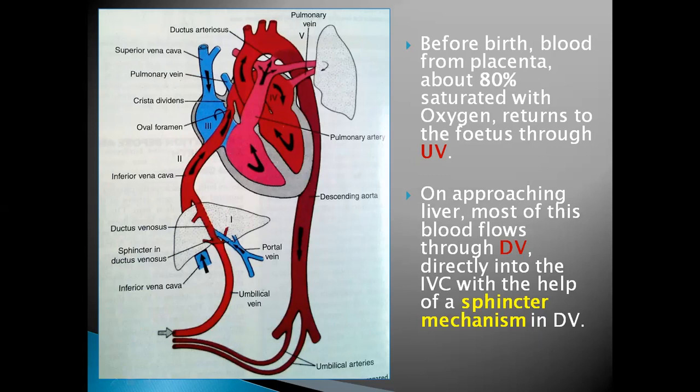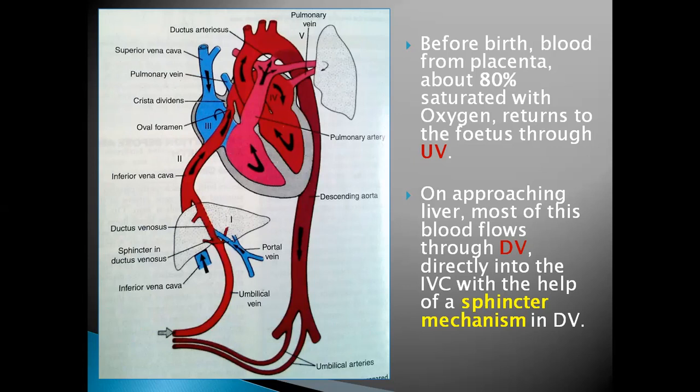Okay, so this sphincter, what it does, it closes close to the entrance of the umbilical vein, regulates the flow of the umbilical blood through the liver sinusoids. It closes when a uterine contraction renders the venous return too high. And what it will do? It will prevent a sudden overloading of the heart.